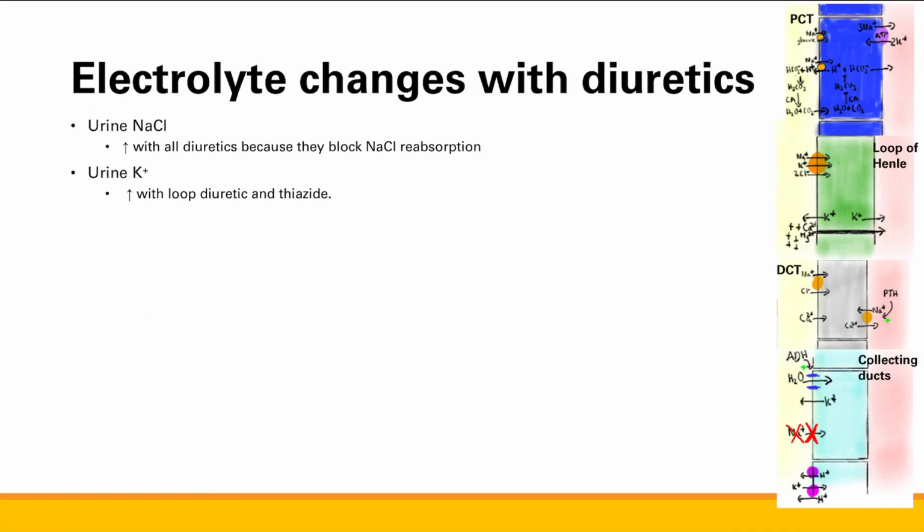That means you have less exchange, so less of the potassium leaves, and so you have less urine potassium. Now I'm saying there's less urine potassium, so that's going to basically lead to hyperkalemia, or at least normokalemia. It's going to lead to hyperkalemia. And this is why this one is called a potassium sparing diuretic.